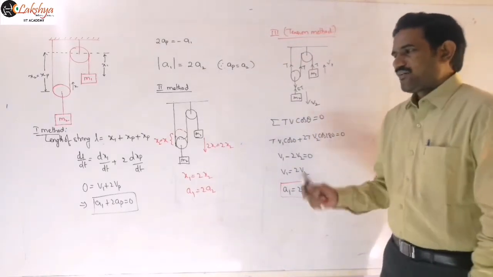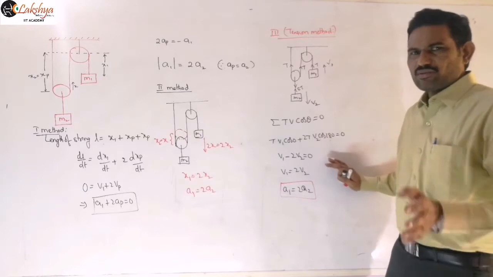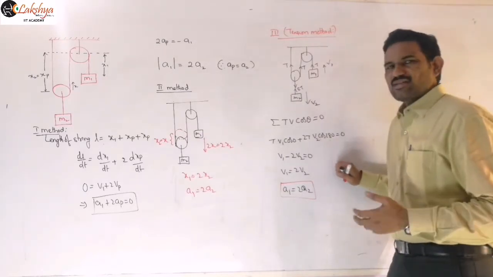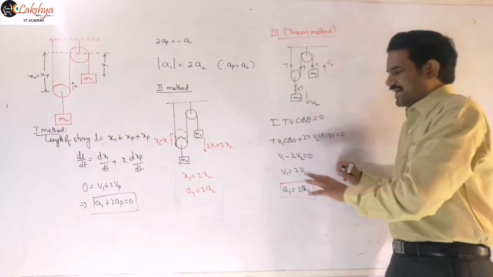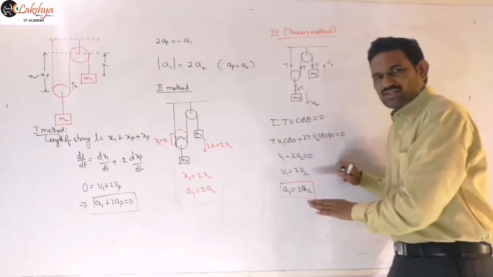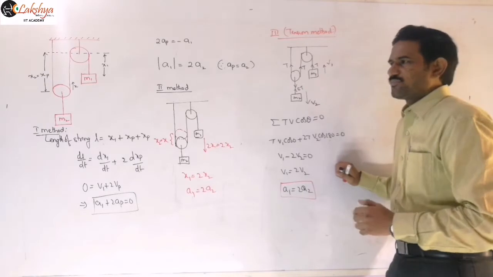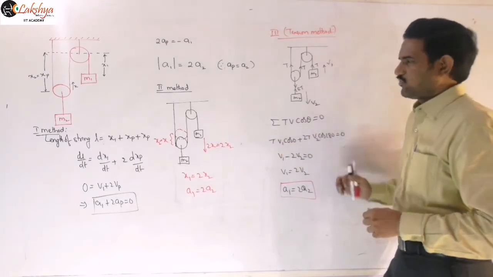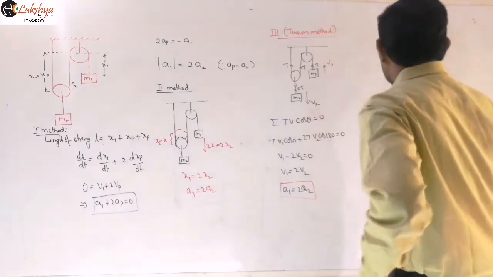Finally, after getting this constraint relation, any one method is sufficient. To find the tension and acceleration magnitude, this is the only relation between A1 and A2. And next we need to proceed to our force equations. We need to write the force equations and then solve those equations.